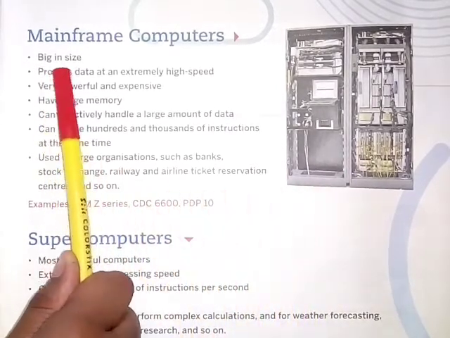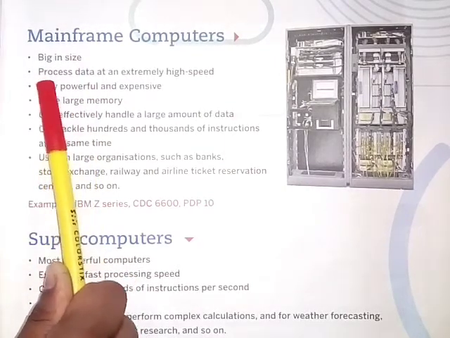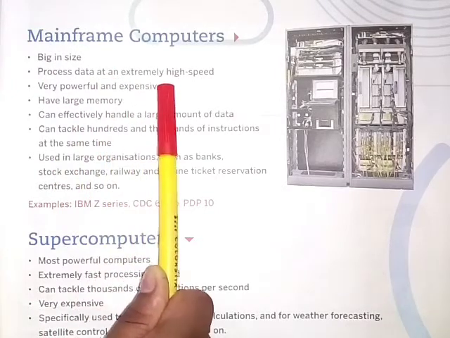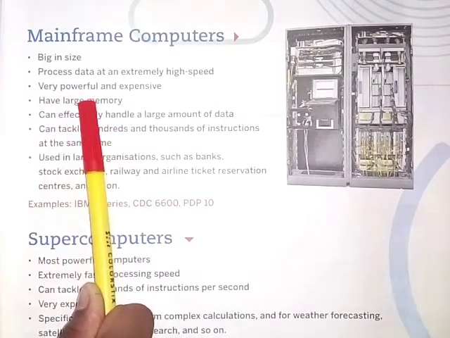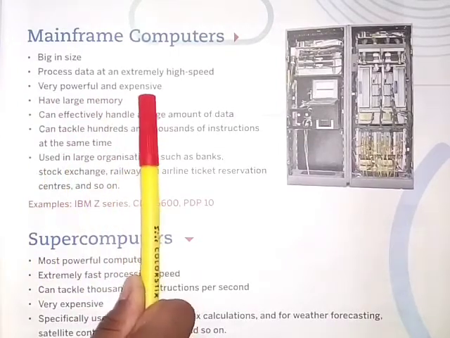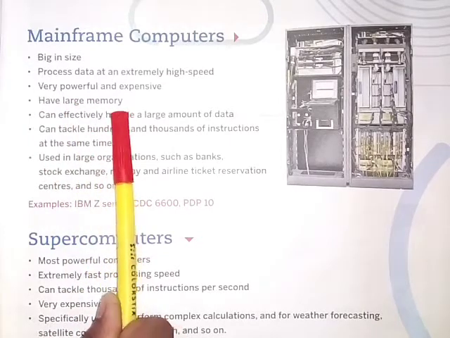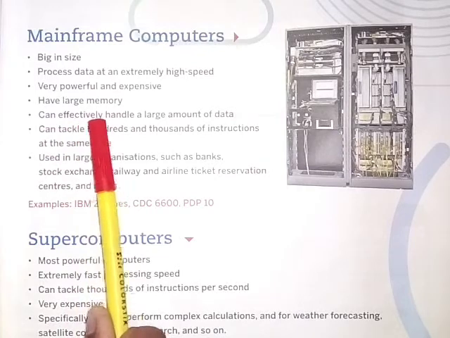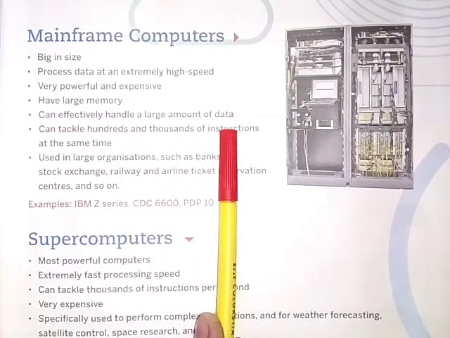It is big in size. It processes data at an extremely high speed. It is very powerful and expensive. It has large memory. It can efficiently handle a large amount of data.